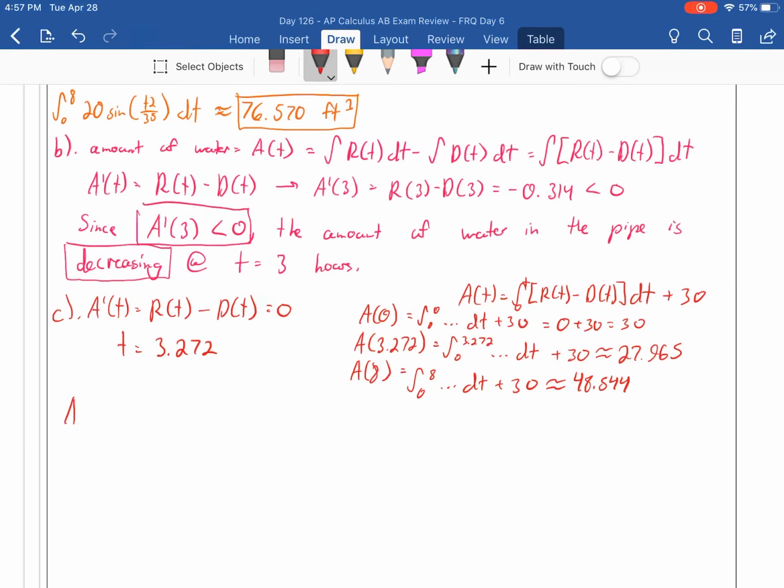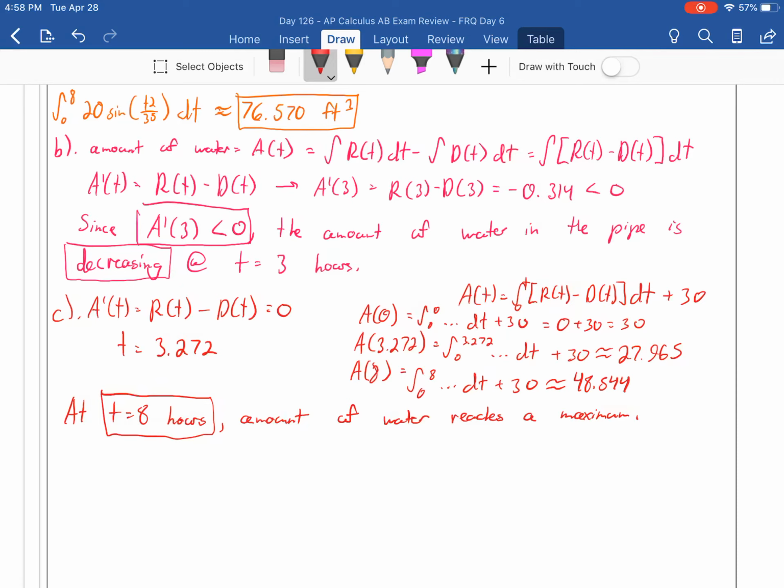So we would say at t is equal to 8 hours, the amount of water reaches a maximum. And that's it.